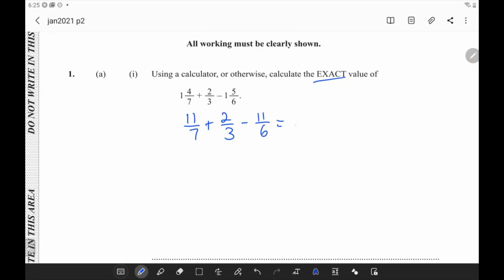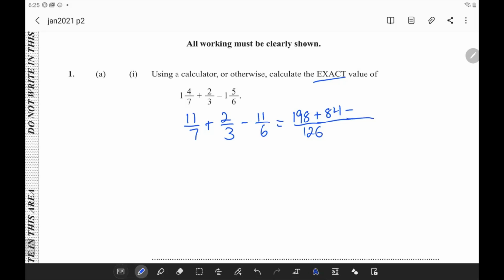This is the same as everything over 126 because six is 42. 42 by 2, it is 84.